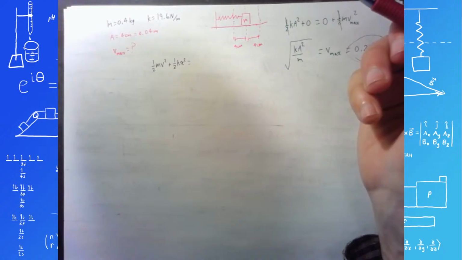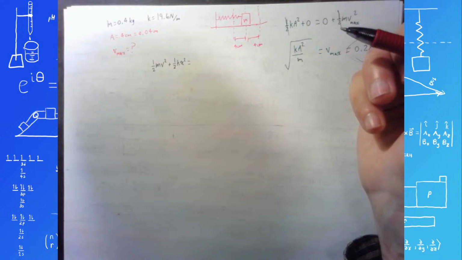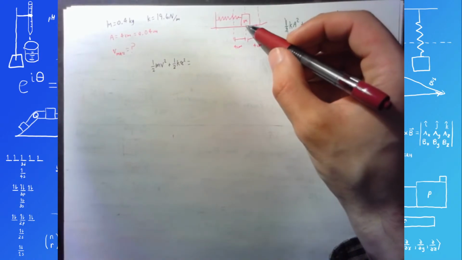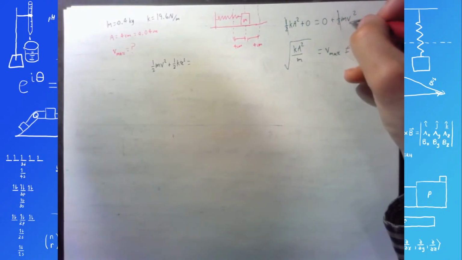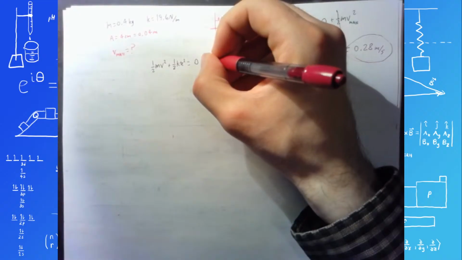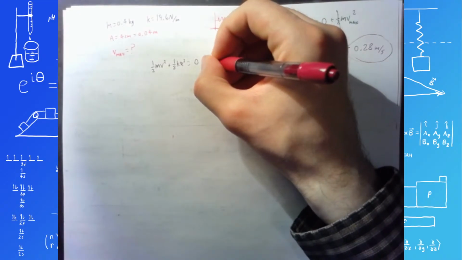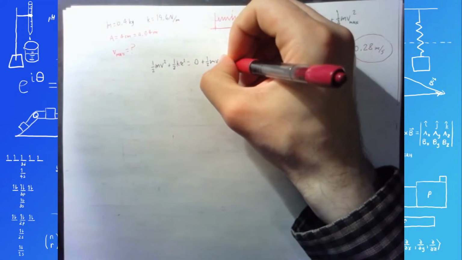I guess it doesn't really matter here since I have all the numbers, but I'll just pick the central position. I'll set it equal to the mechanical energy at the equilibrium position, which is 0 potential energy plus 1/2 m Vmax squared.